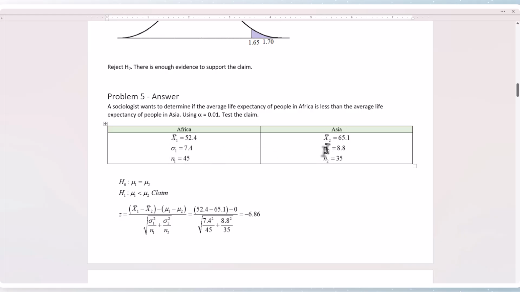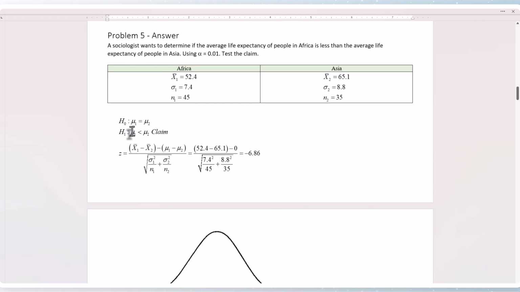We're given the population standard deviations. This is a z-test. So our claim is that mu sub 1, the average lifespan of Africans, is less than mu sub 2, the average lifespan of Asians. That's our claim. That's H sub 1. H naught is mu sub 1 equal to mu sub 2.